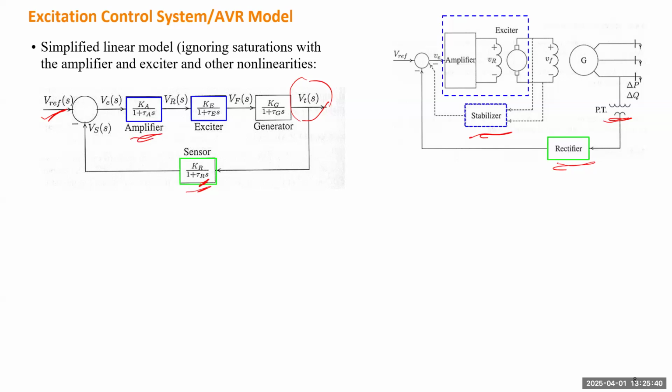Basically, the most important part will be this KA, which will determine the control gain. This is a proportional control, so it won't be able to eliminate the difference between the terminal voltage and the reference voltage. The difference, the error signal, will never be 0.